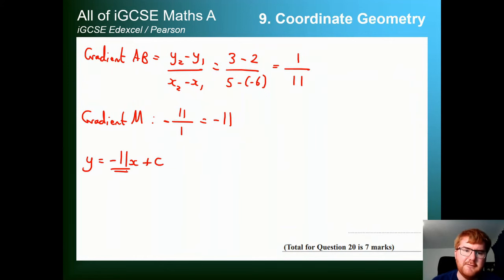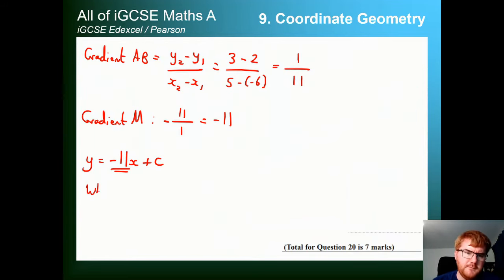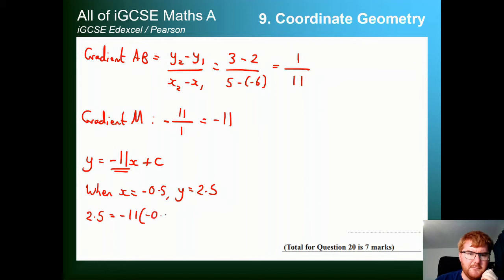Remember, this minus 11 represents the gradient. We are missing this y-intercept, but we can work this out by using the midpoint. So when x is equal to minus 0.5, y is equal to 2.5, so that gives us 2.5 equals minus 11 lots of minus 0.5 plus c.